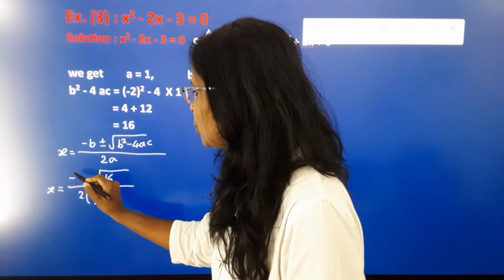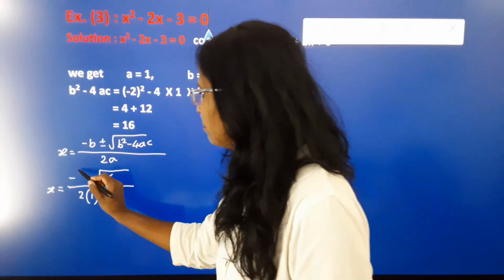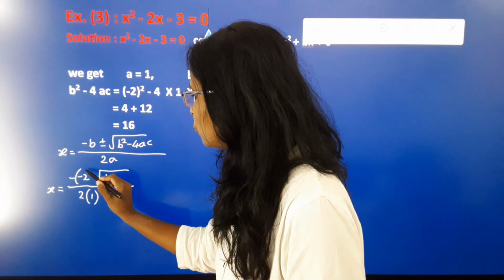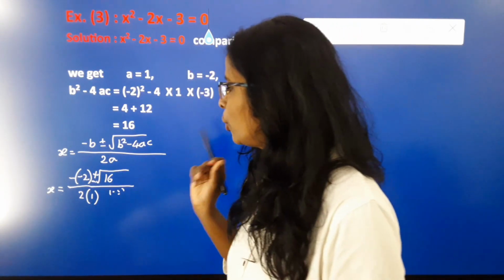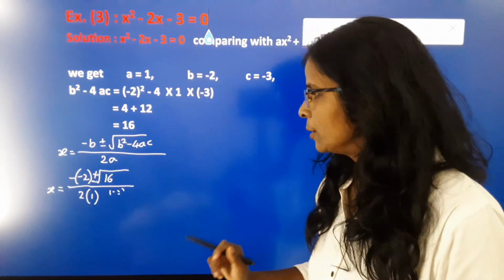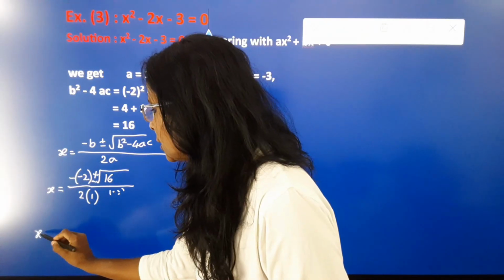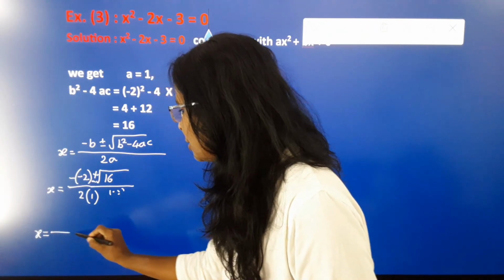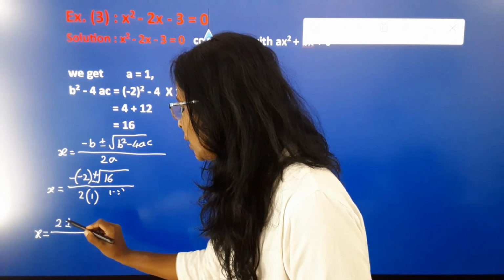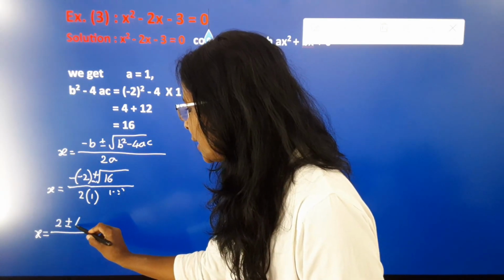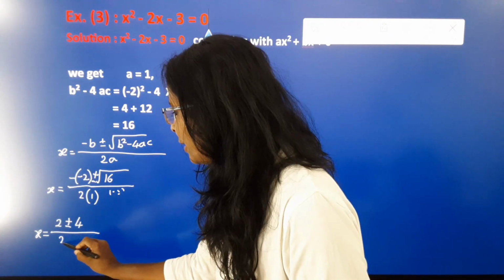So minus of b is minus of minus 2, plus or minus root 16 upon 2 into 1. So here x is equal to minus of minus, that means positive 2, plus or minus root 16, that means 4, divided by 2.